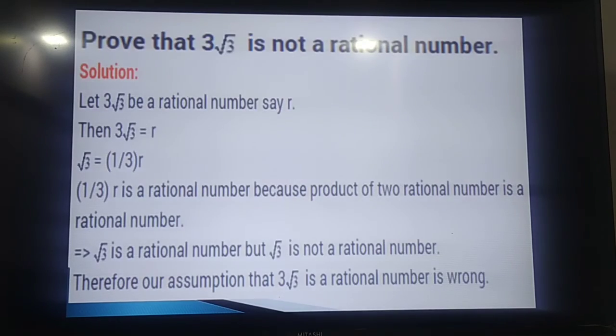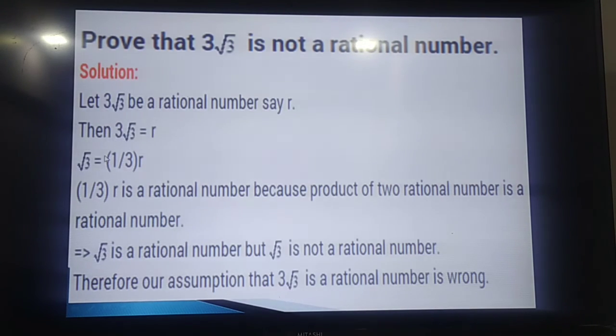In a similar manner, we can prove that 3 into root 3 is not rational. We start with the same contradictory statement: let us consider that 3 into root 3 is a rational number r. We are already given that root 3 is irrational.